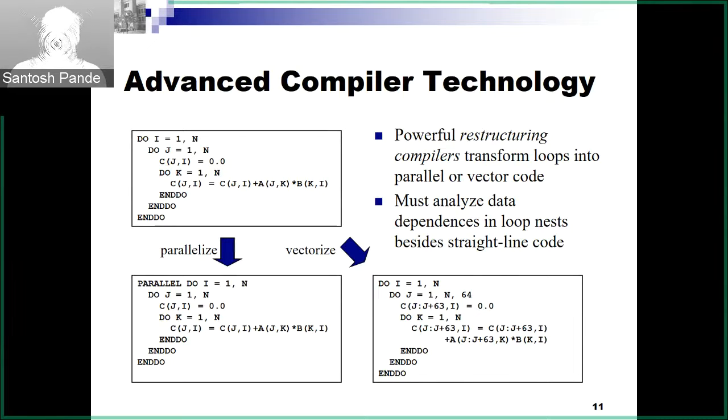So you can see that if you analyze the statements within the body of the loop and look at the read and write sets again, there is an initialization step for C of j, i equal to 0, which is a write. Then for a specific value of i, for different values of j, we will be initializing this whole row of that particular matrix.